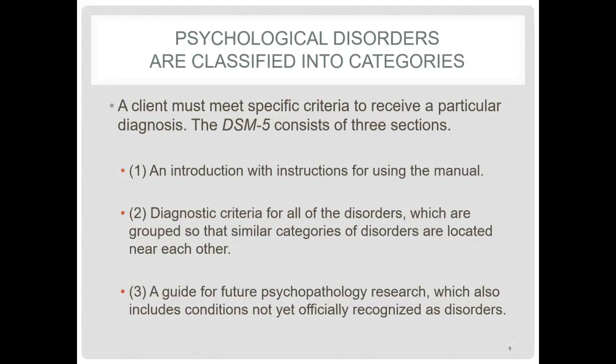So the manual says more research needs to be done on this issue. It's not saying that more research needs to be done so we can recognize it as a disorder. It's simply saying more research needs to be done so we can decide whether or not to include it as a recognized diagnosis. But right now, sex addiction is not a recognized diagnosis.